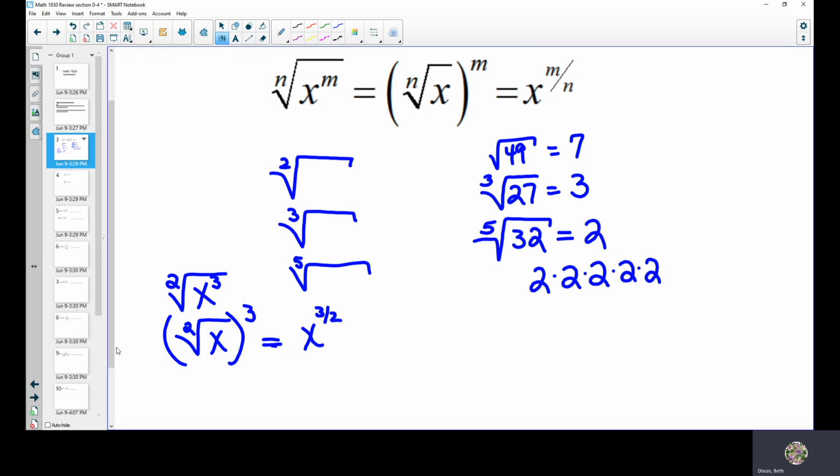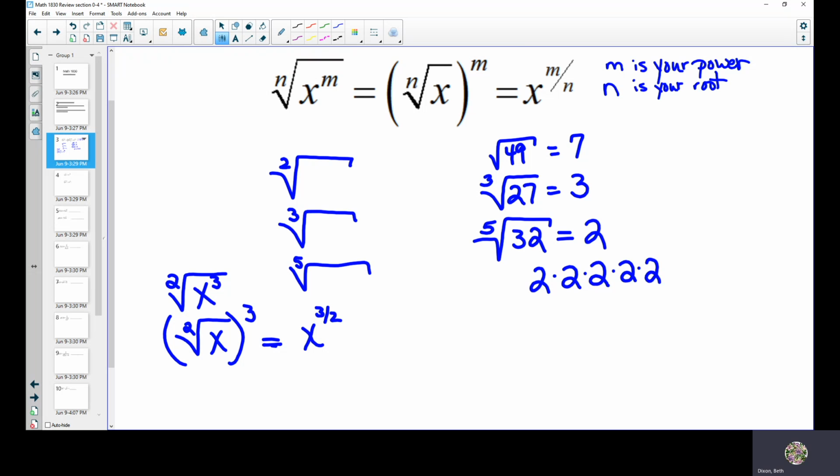So up here where I have x to the m over n as my rule, m is your power, and n is your root.